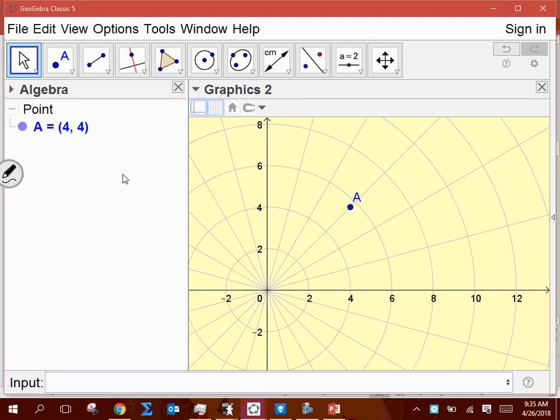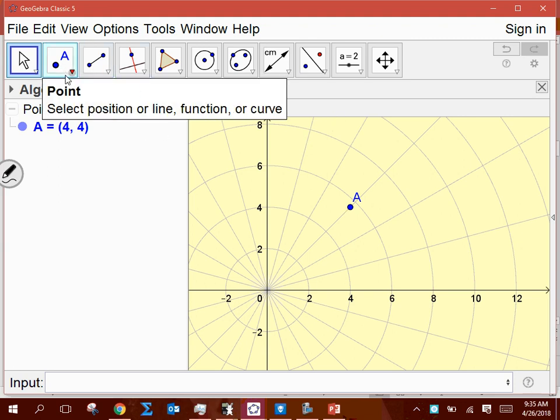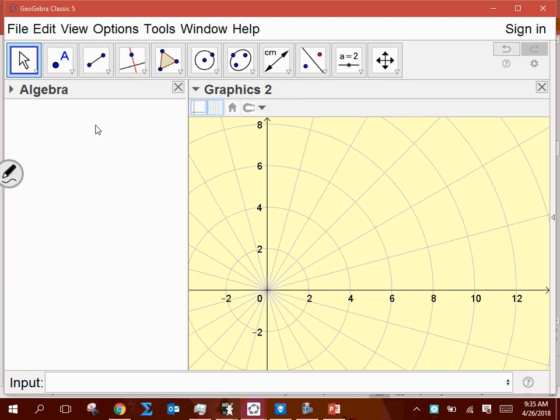If I move over 4 units this way and then 4 units up, I get that point A. I guess I want to go from, I'm sorry, I messed up. I want to go from polar to rectangular, right? Polar to rectangular.